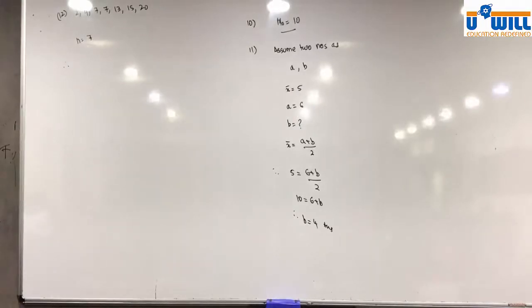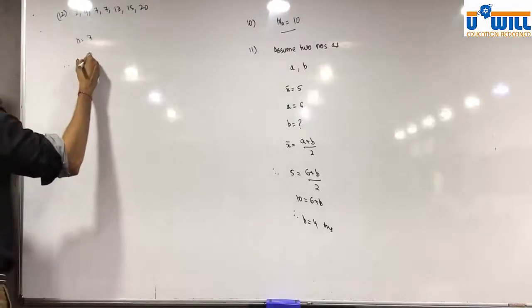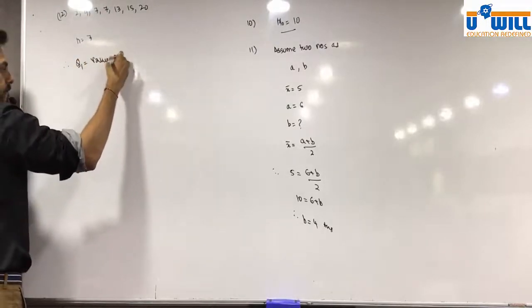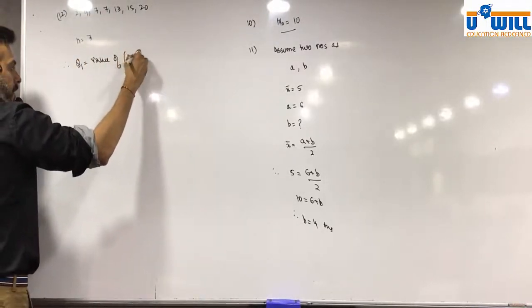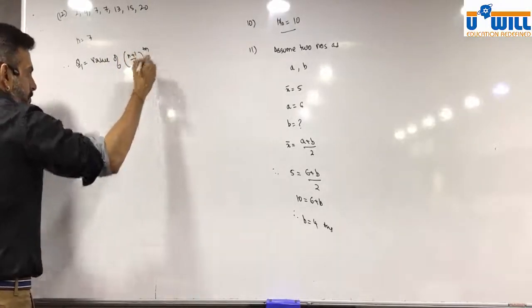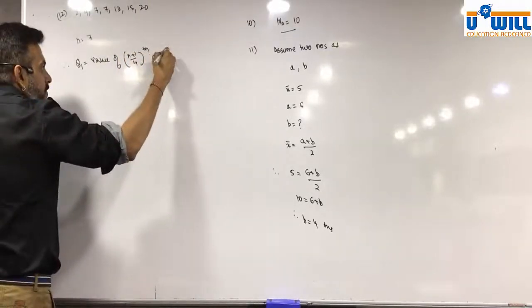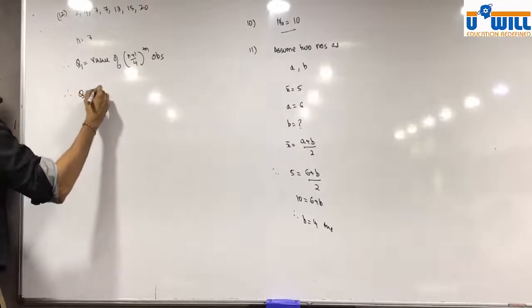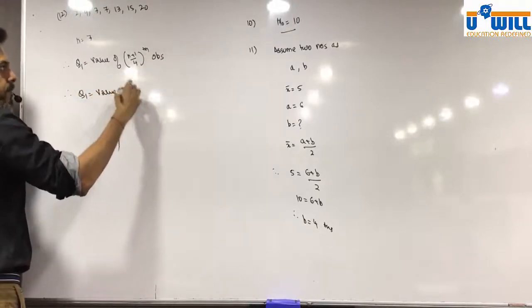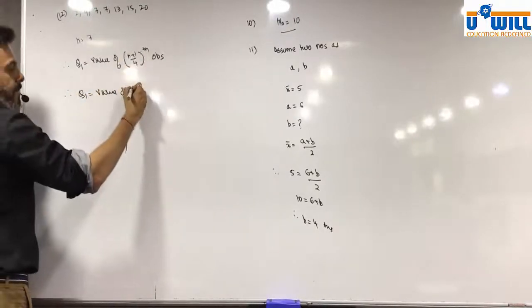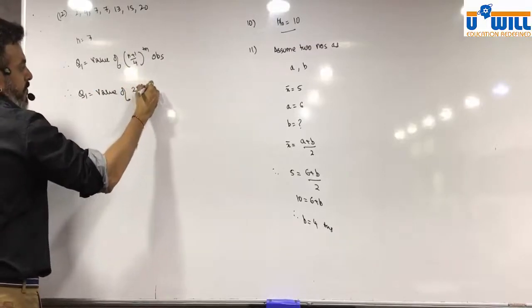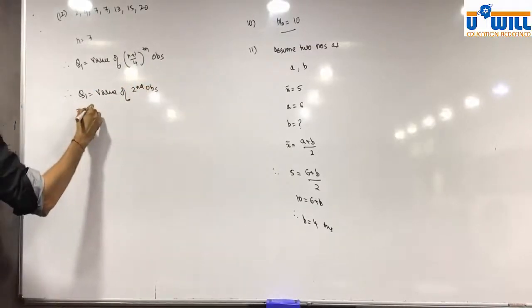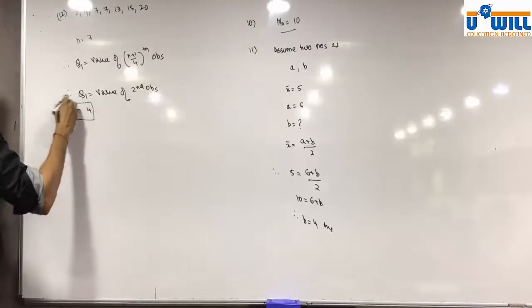What we have to find is first quartile. Q1 is equal to value of (7 plus 1) by 4 observation, 8 by 4, second observation, which is equal to 4.